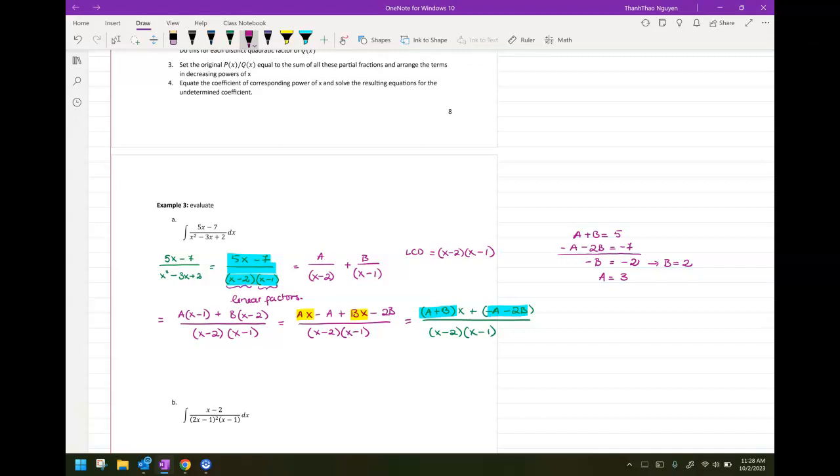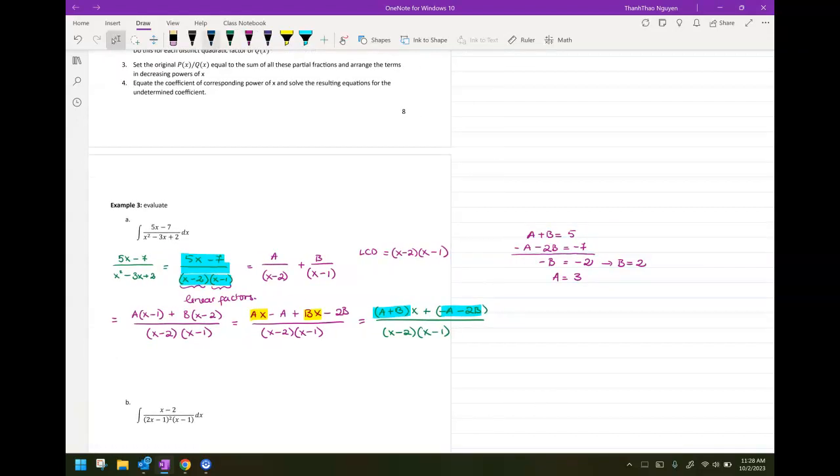Okay. Now when I do that, I can rewrite the integral. So the integral of 5x minus 7 divided by x squared minus 3x plus 2 dx is now equal to the integral of 3 dx divided by x minus 2 plus the integral of 2 dx divided by x minus 1.